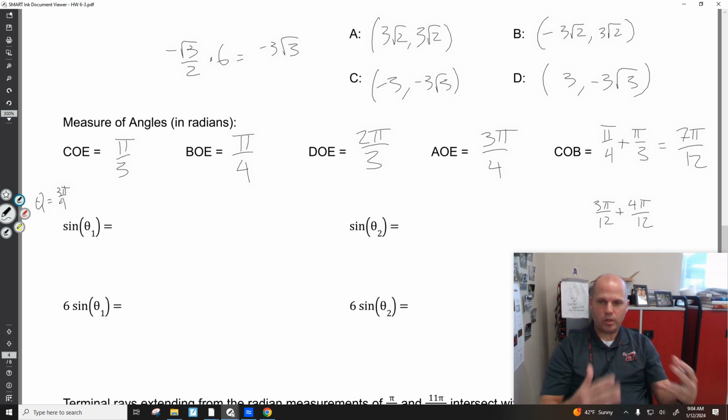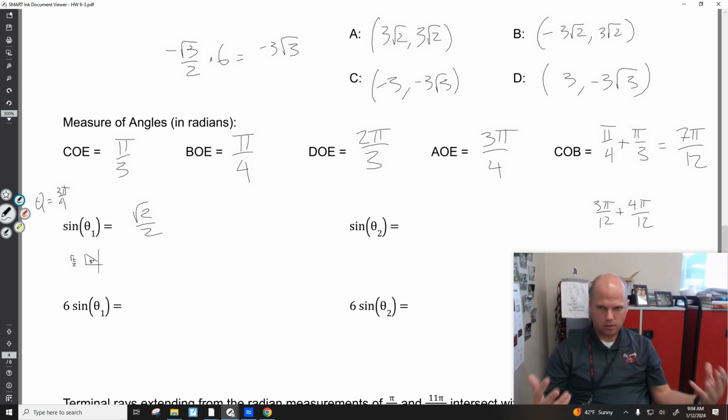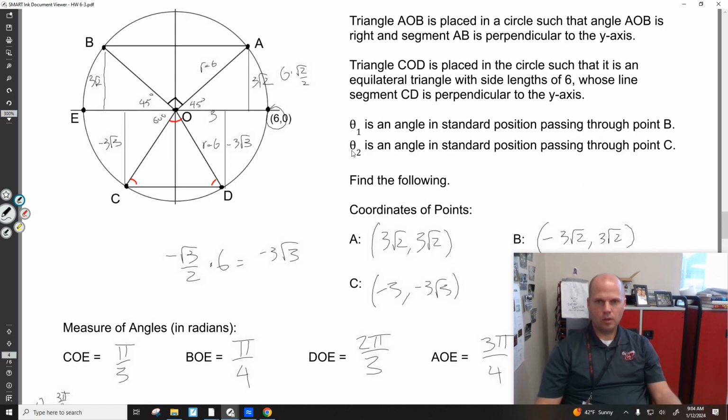It's radius, but we use our representative triangle. It's going to be positive root 2 over 2. Root 2 over 2 is the opposite if this is 45 degrees, divided by the hypotenuse. Doesn't matter the size of the triangle. You divide, you're going to get root 2 over 2. That's the ratio that has to hold.